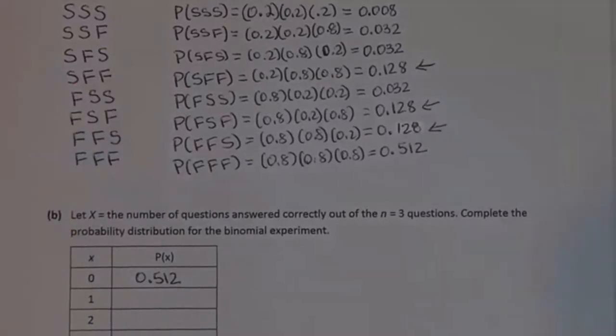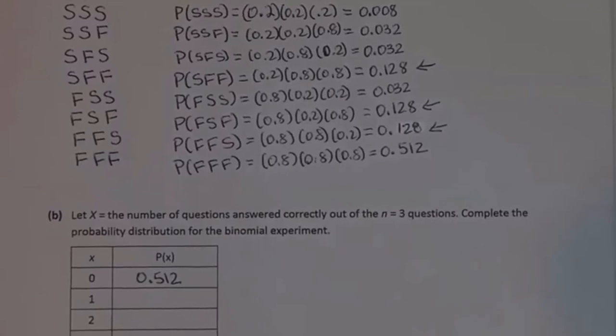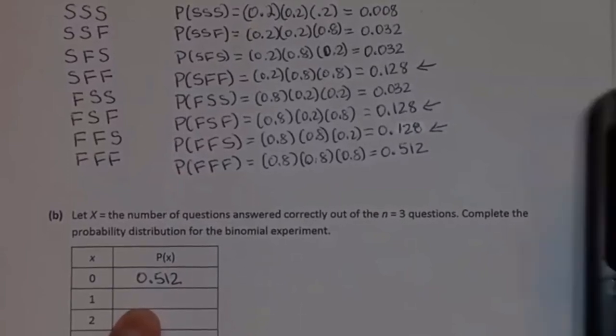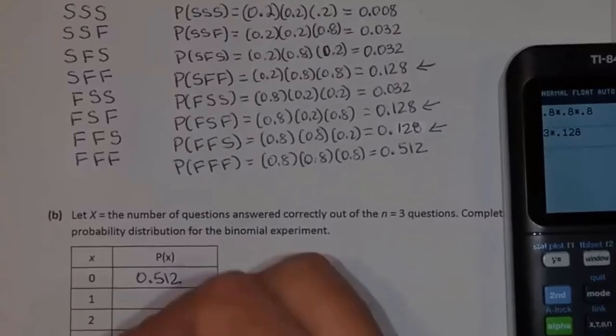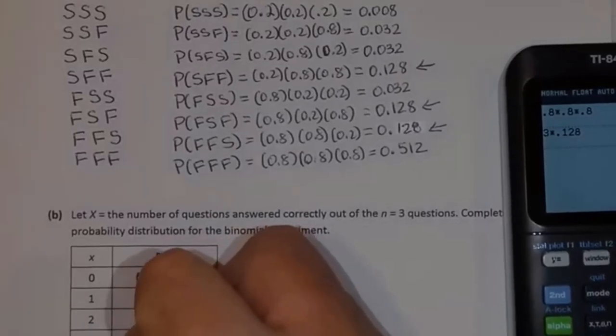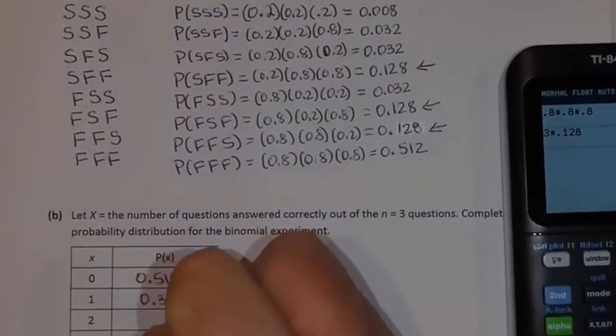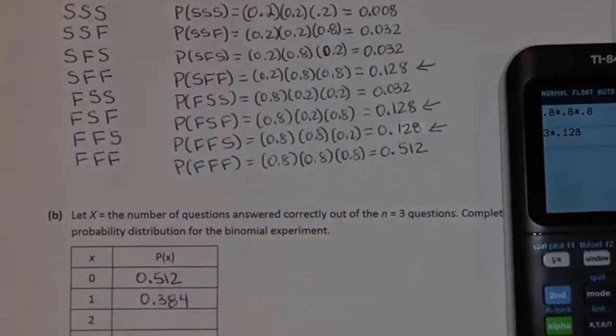They're all the same, 0.128. So I'm going to add 0.128 plus 0.128 plus 0.128, or in other words, multiply by 3. So 3 times 0.128 is 0.384. So the probability that the student will guess 1 question correct is 0.384.